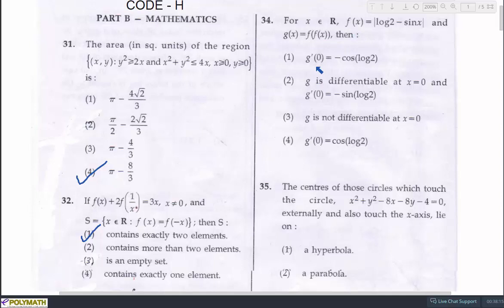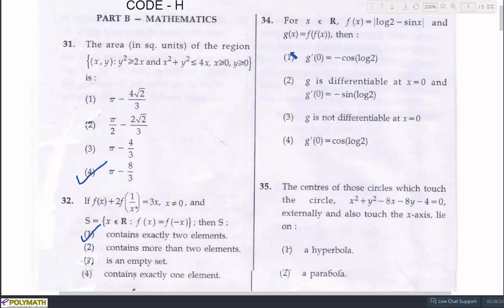Then g dash 0 is to be found out in every case. g dash 0 means the derivative of g at 0 is to be discussed. Don't forget that. At 0 is to be discussed in every case. So you have to understand what happens at 0.